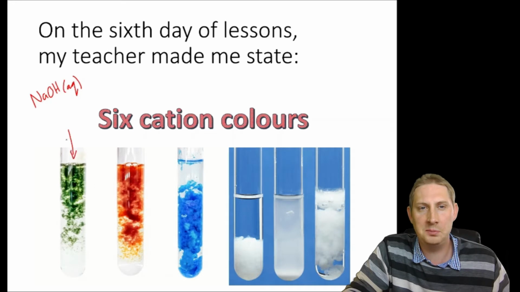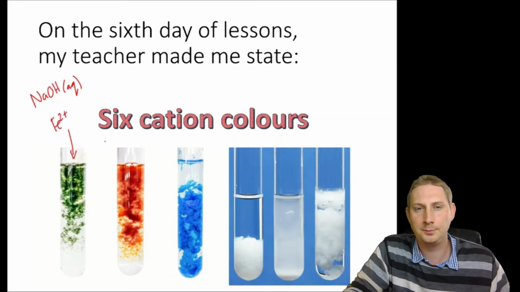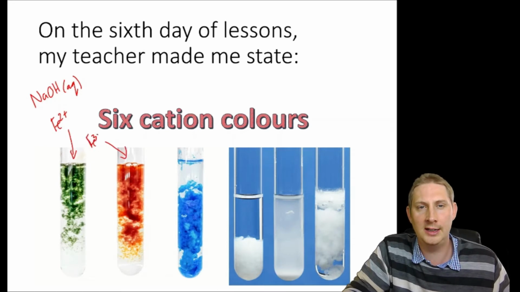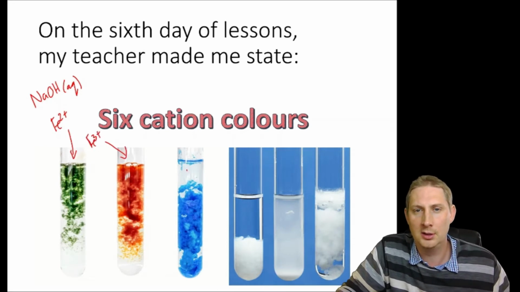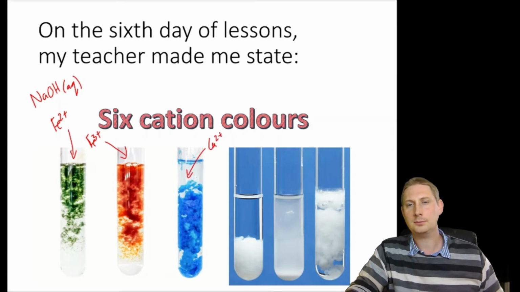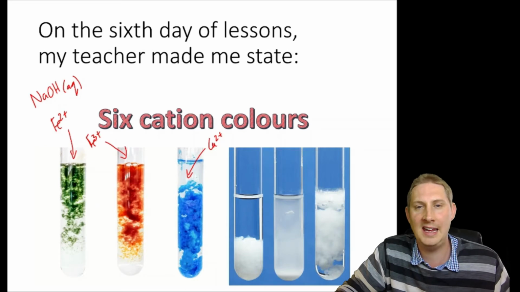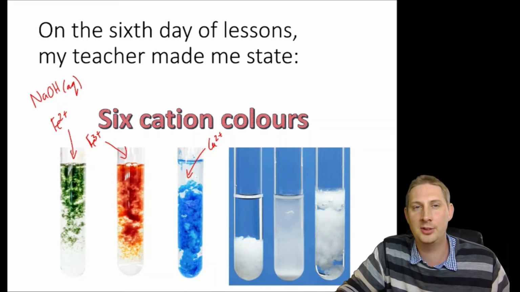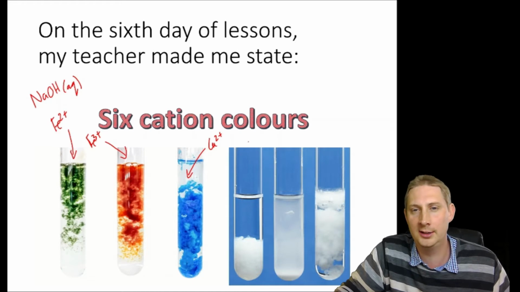The dark green precipitate was an iron 2+. The rusty brown precipitate, iron 3+. The lovely blue precipitate, copper 2+. And then you had 3 that formed white precipitates with sodium hydroxide that you had to learn.